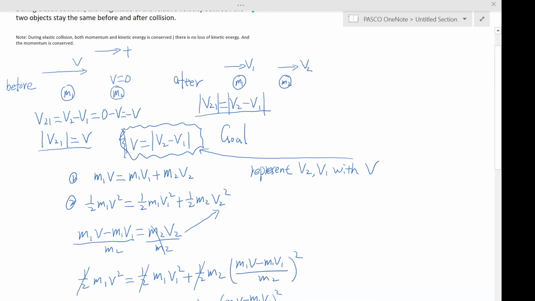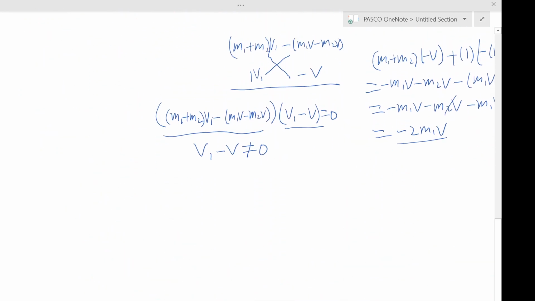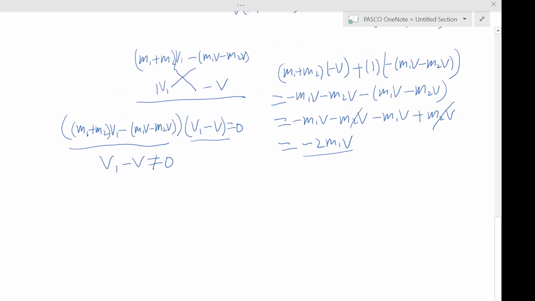So v1 cannot be exactly the same as v. The velocity of m1 is going to change. So v cannot be equal to v1, so their difference cannot be 0.